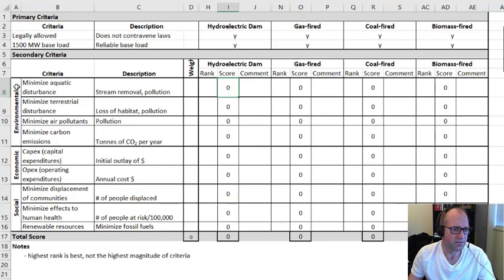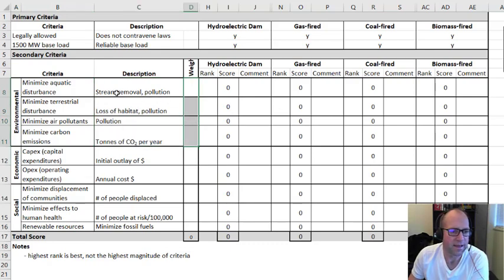So to start with, let's say that environmental, economic, and social must all be equal to 1/3 of 100. So 33, 33, and one of them must be 34. And since we are environmental scientists, let's say environmental must be worth 34. So that means these 4 categories must add up to 34.